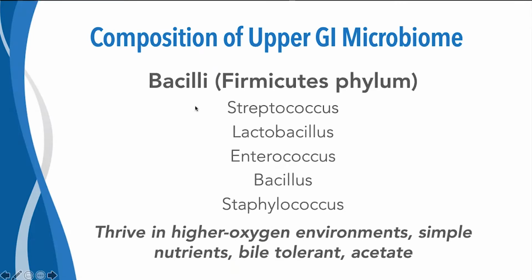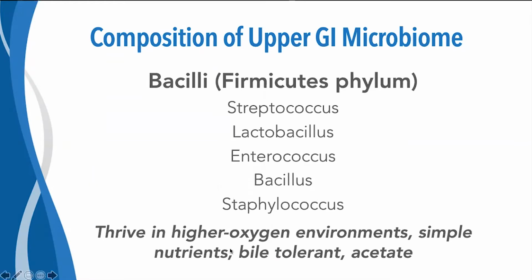Mostly what's dominant in the upper GI, from the mouth down to the small intestine, is a large class in the Firmicutes phylum called the bacilli. That's species and groups like Streptococcus, Lactobacillus, Enterococcus, Bacillus, and Staph. We do have these groups on GI-MAP. When you see them overgrown, it's likely that they reflect imbalances in the upper GI tract.